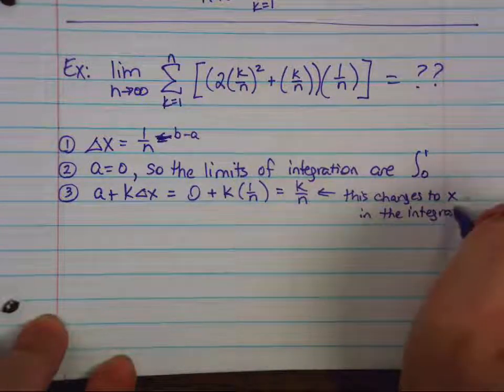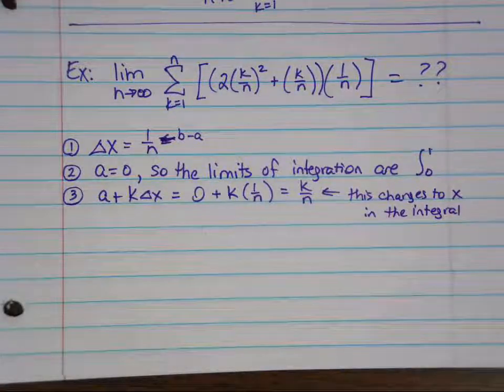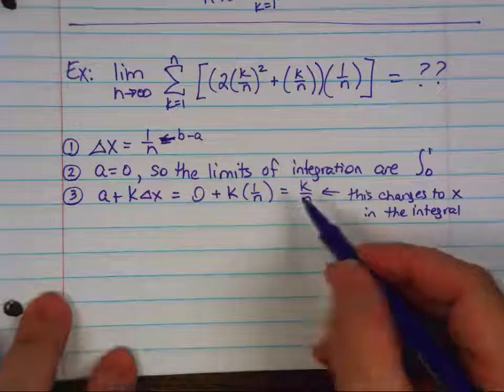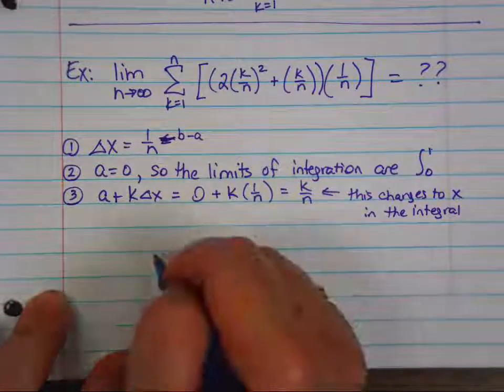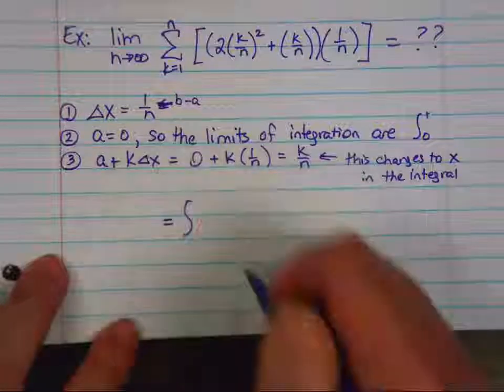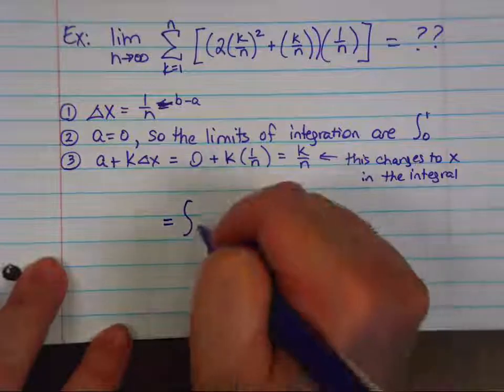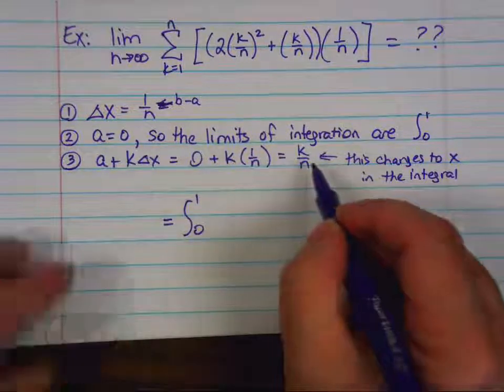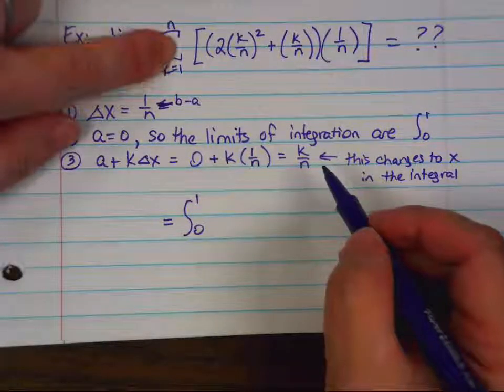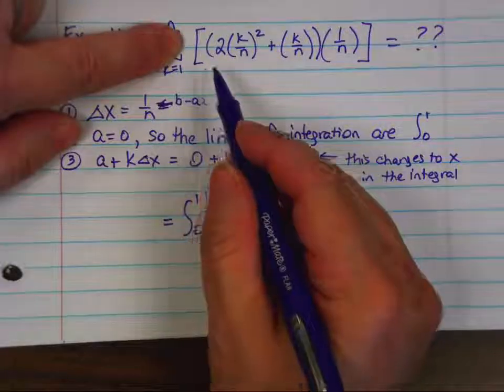Now, when we went the other way, we took all the x's and changed them into k over n. Now we're going backwards. All the k over n's are going to turn into x's. So we're ready to go. So let's write the integral. What are my limits of integration again? 0 to 1. So now we come back up here to this long summation, and we're going to start copying it down.